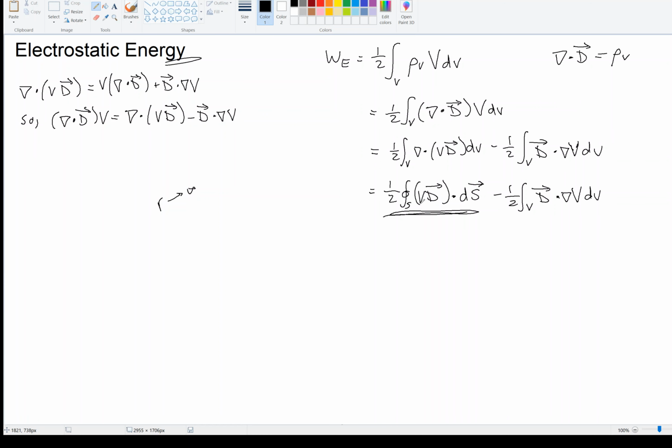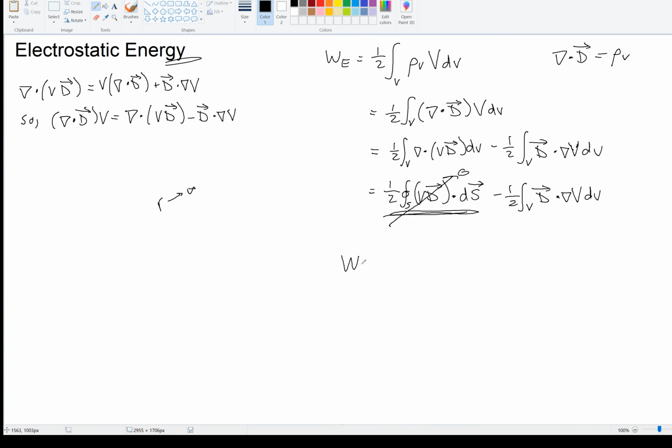We saw v was 1 over r, and it was 1 over r squared for the dipole. And D, or the electric field, varies at least as 1 over r squared for a point, or r cubed for the dipole. So the product of these two things varies at least as 1 over r cubed. And the surface area is related to r squared. So the product of those is 1 over r at least. So as r goes to infinity, this thing must be 0.